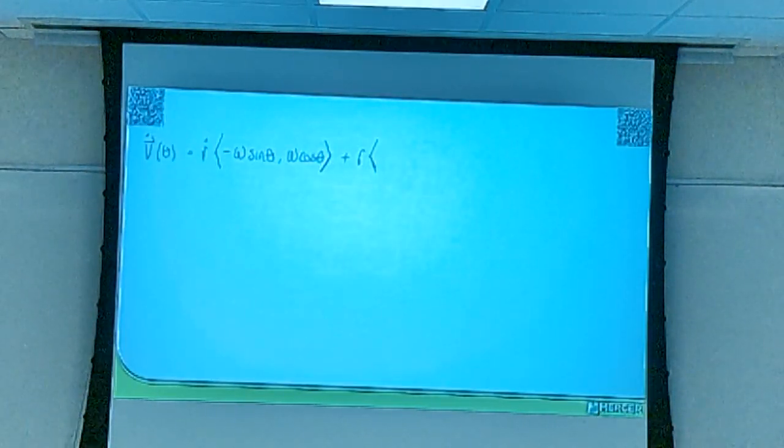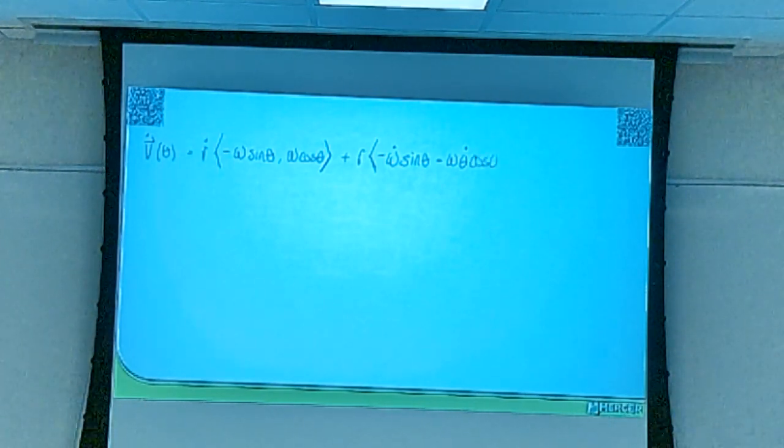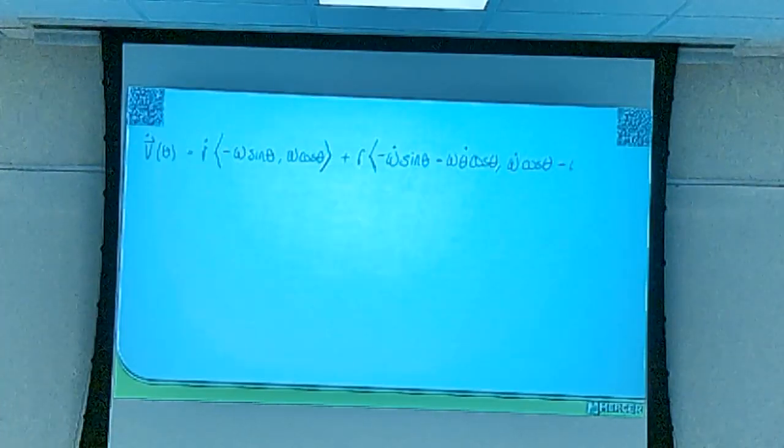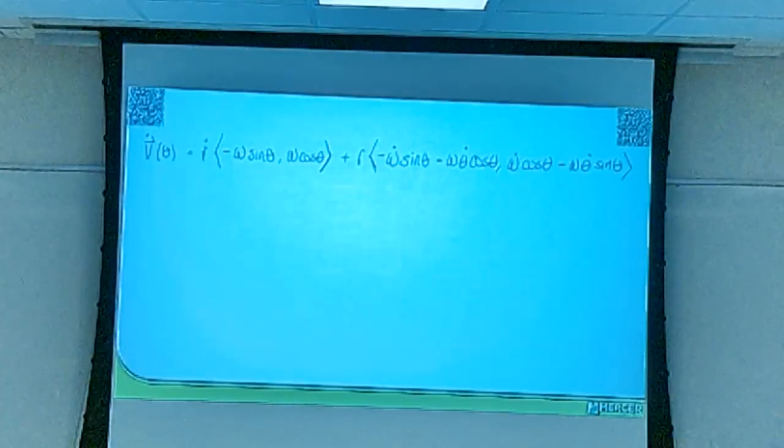It does. Once again, r dot's going to be 0.